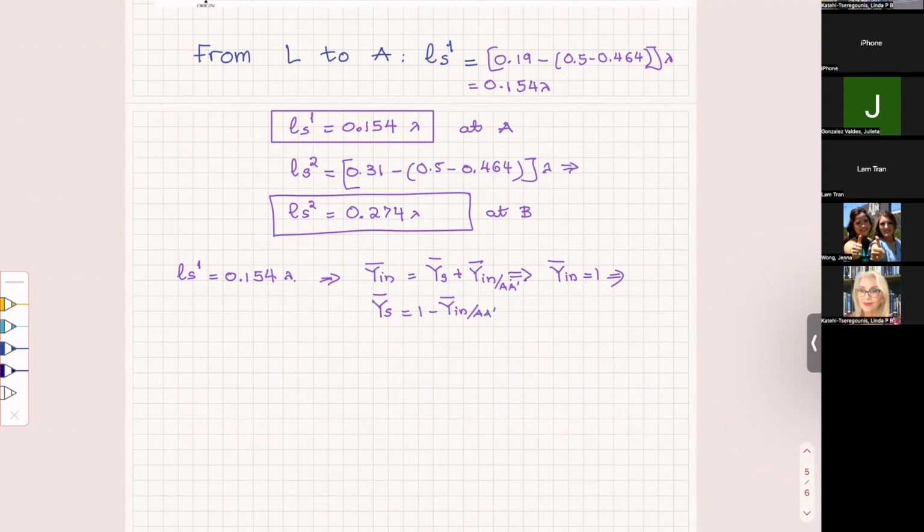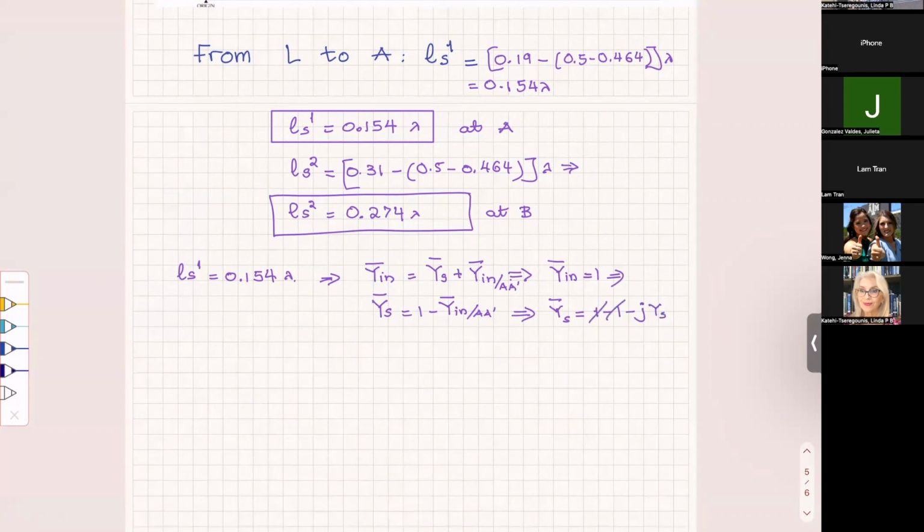And if you put the value of Y input at AA prime, which is 1, okay, so it's on the circle that has normalized resistive part 1, so it's 1 minus 1, and then minus jY for the stub.